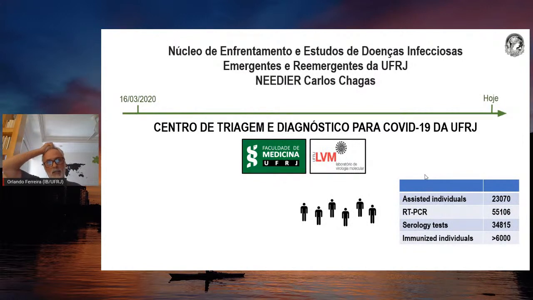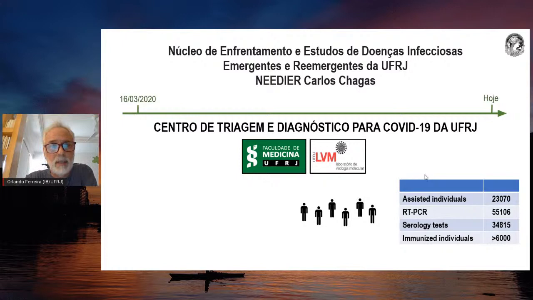But before I start, I would like to show my recognition to the Núcleo de Enfrentamento de Estudos e Doenças Infecciosas Emergentes e Reemergentes, which is a new nucleus in the university that was formed from this group of people that put together this Center for Triaging and Diagnostic of COVID-19 at the Federal University of Rio de Janeiro.